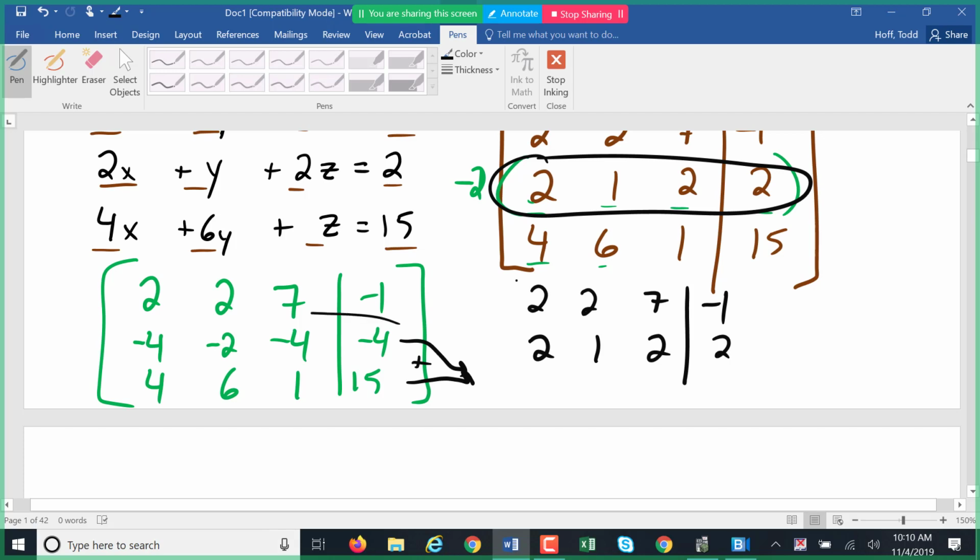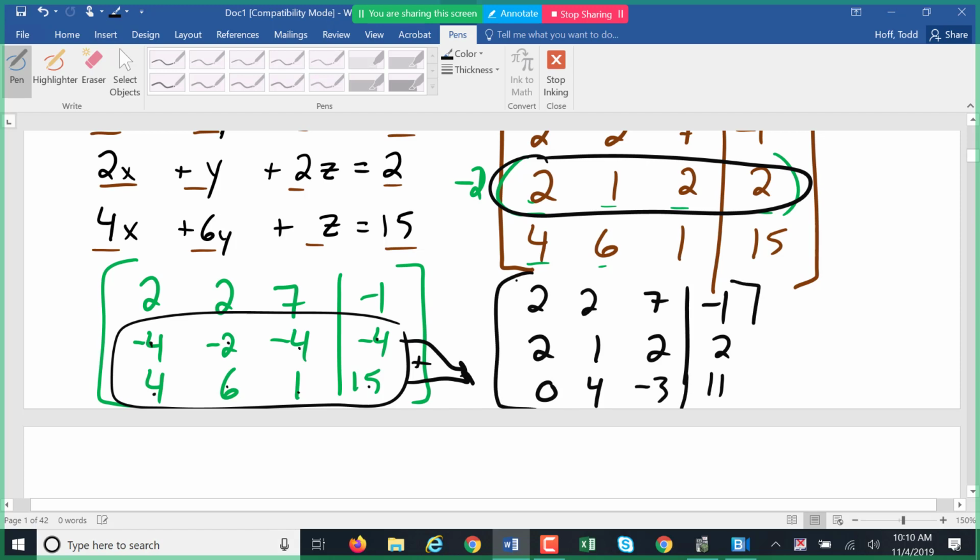The bottom row, I'm going to combine these. Negative 4 and 4 makes 0. Negative 2 and 6 makes 4. Negative 4 and 1 makes negative 3. And negative 4 and 15 makes 11. So I've got a 0 there. I need to get zeros in each of these two spots.